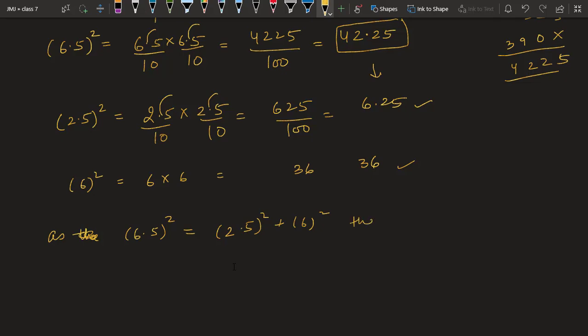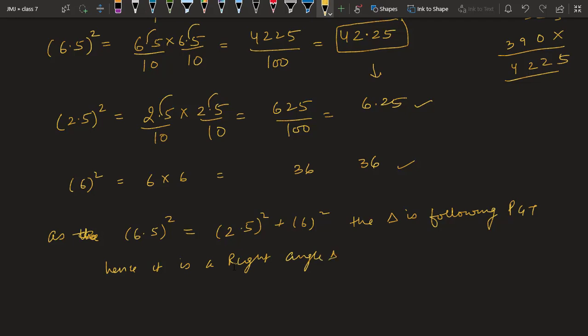The triangle is following Pythagoras theorem, hence it is a right angle triangle.